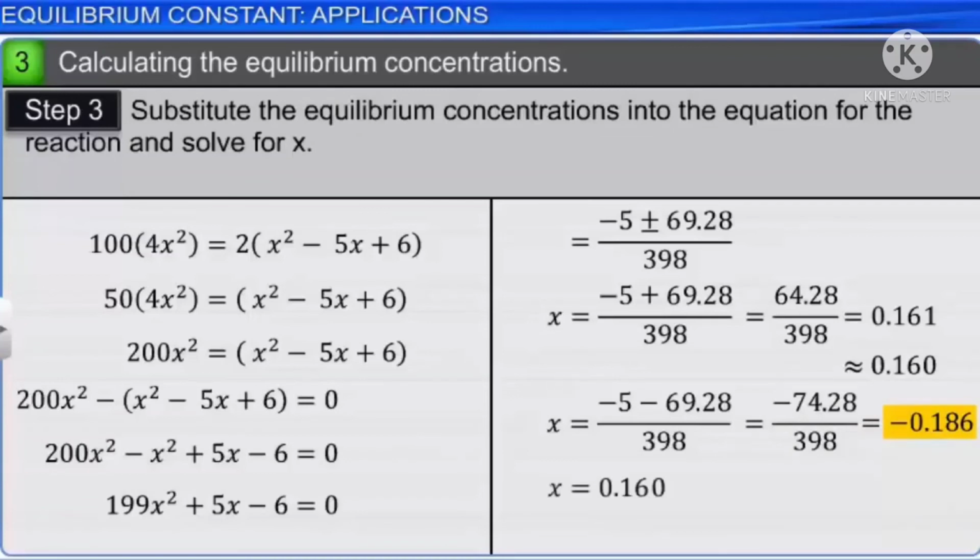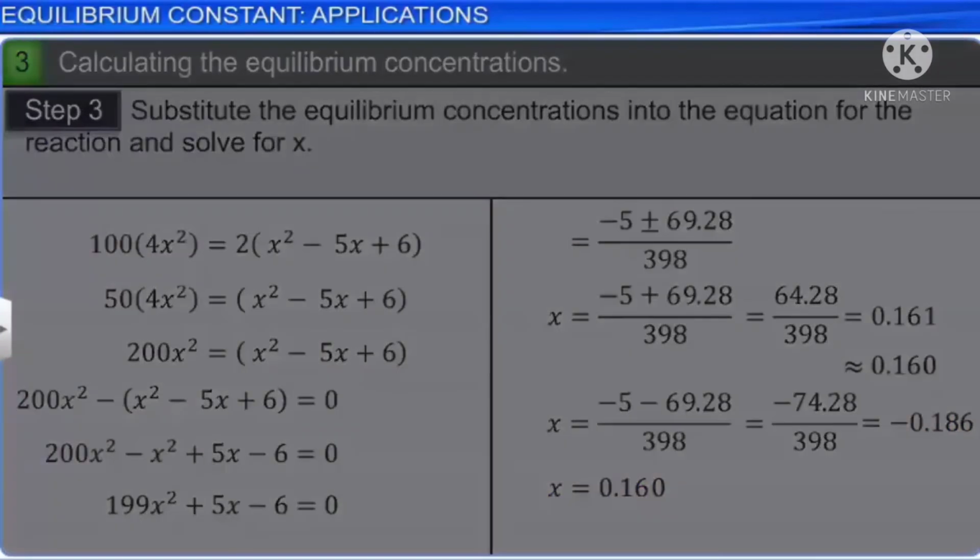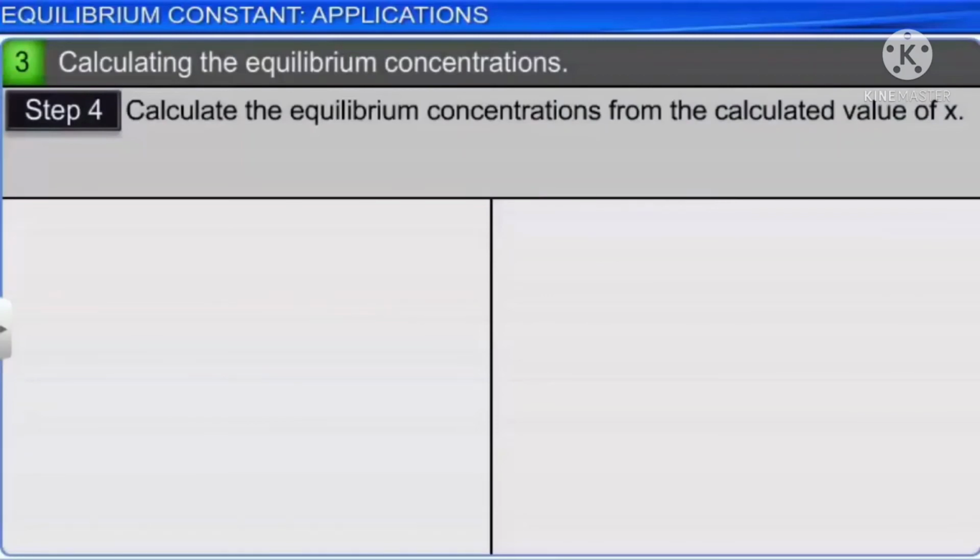The fourth step is to calculate the equilibrium concentrations from the value of x. The initial number of moles of hydrogen is 2. Hence, at equilibrium, the concentration of hydrogen will be 2 minus 0.160, which is equal to 1.84 moles per liter.